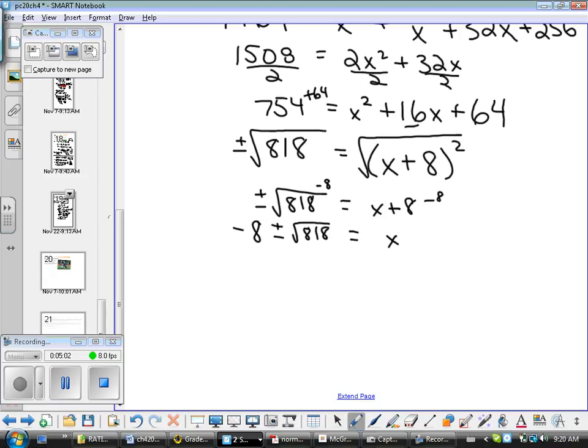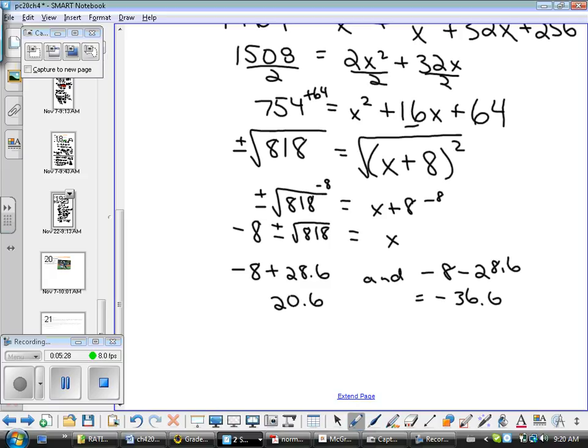Okay, so that means, to the nearest tenth of an inch, I'm going to have -8 plus 28.6 and -8 minus 28.6. Okay, so this is going to give me -36.6. Okay, and this is going to give me 20.6.